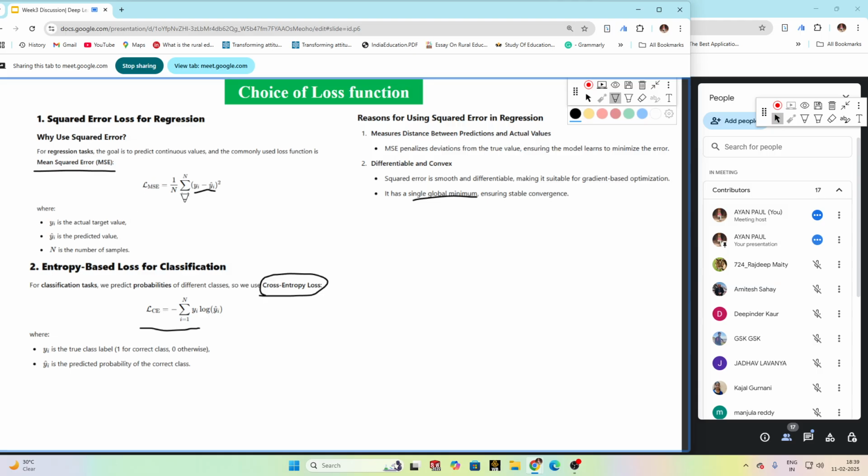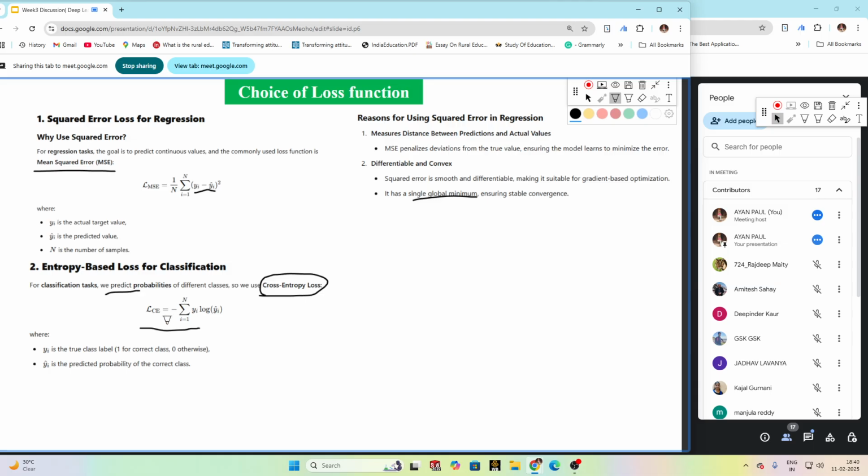It does the same thing: it differentiates between the predicted and actual value. But here the thing comes in probability kind of terms, so that is why we use this entropy based loss for classification rather than the mean squared loss.